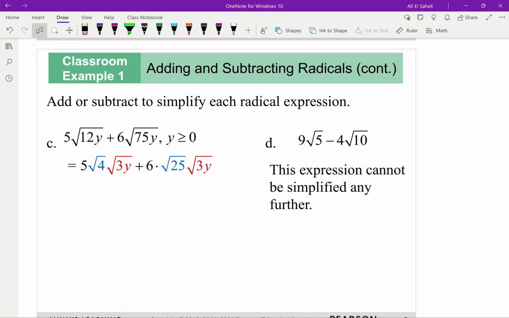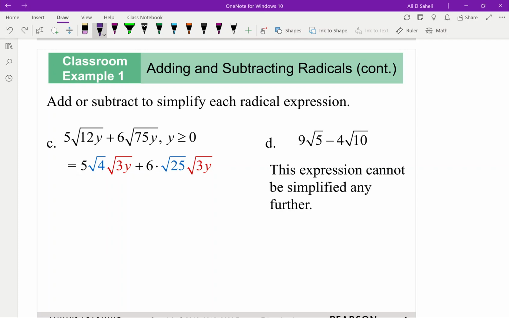Add or subtract to simplify each radical expression. Now, 12 is 3 times 4. Radical 12 is radical this. The 4 goes out as 2. Okay, so here we have the 5. This is the 5.